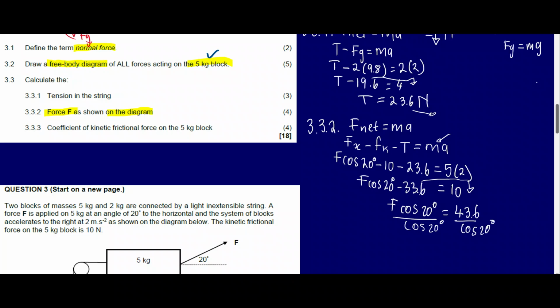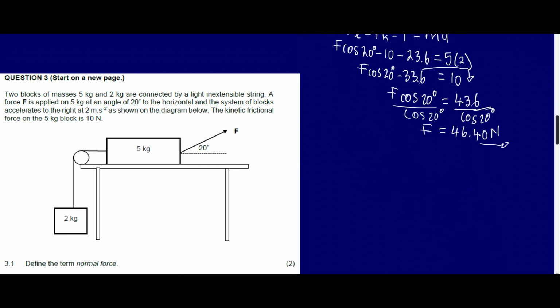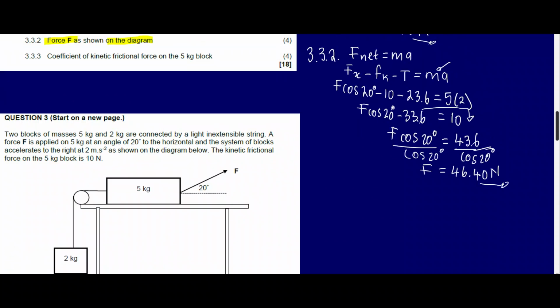And then if you divide both sides by cos 20, you'll see that the force F will result in 46.40. If you round that off properly, I think we got something like 46.398, and if you look at the third digit, it rounds off the 3 to the 4, and that's what we're gonna have for the force F.